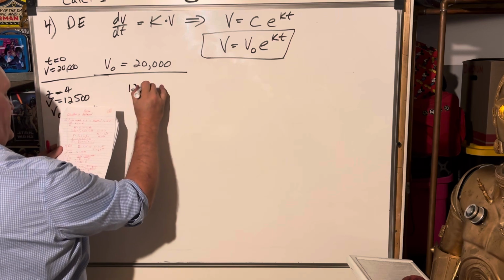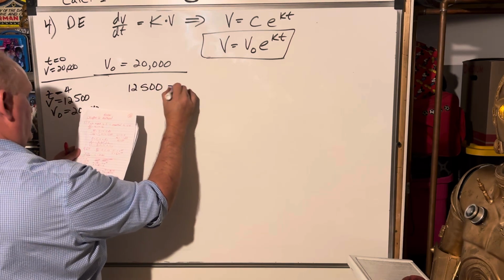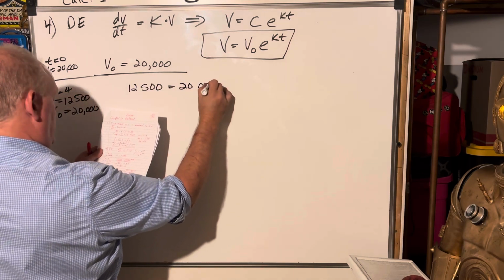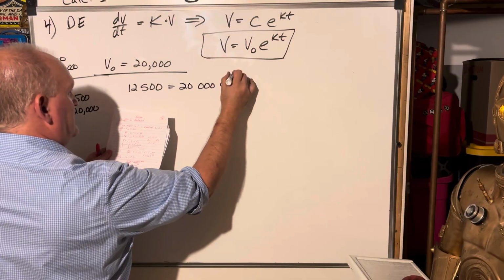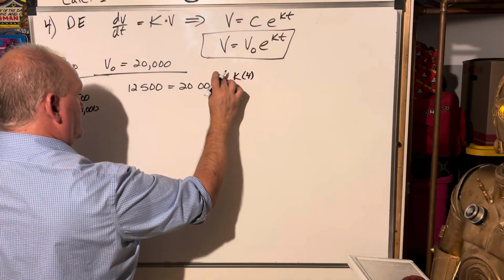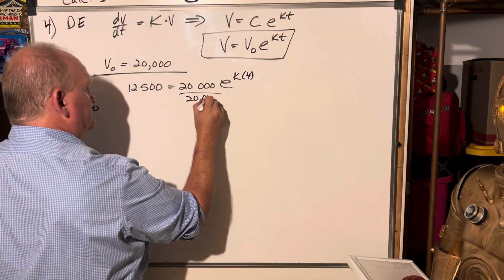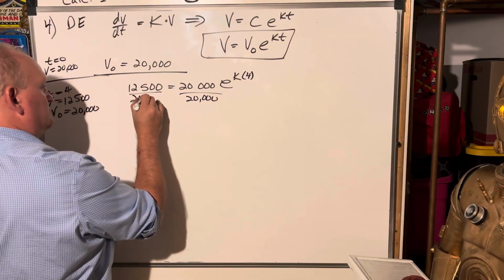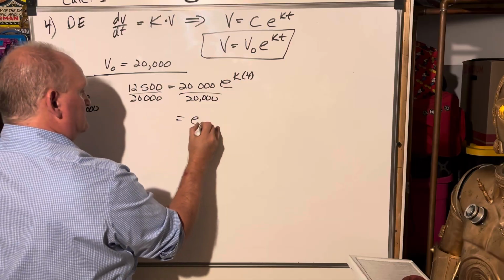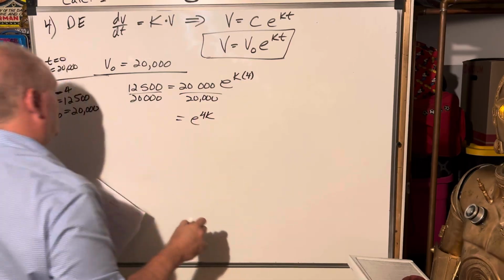So 12,500 equals 20,000 e to the k times 4. So divide out the 20,000. e to the 4k.